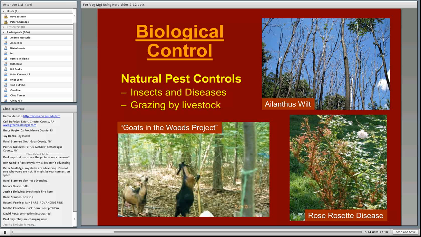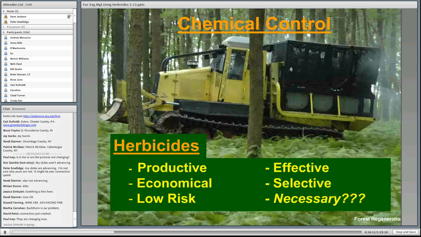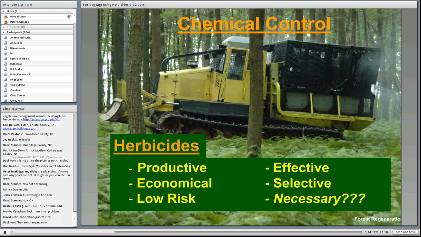So lastly, on that pyramid, on that integrated vegetation management, we come to herbicides and chemical control. And I will say this, they're probably going to be our most productive approach. When we look at other means of control, they're economical, low risk to the environment, low risk to the user.